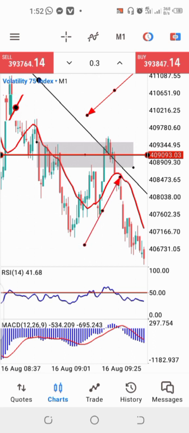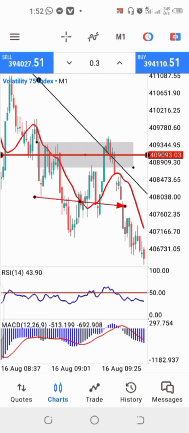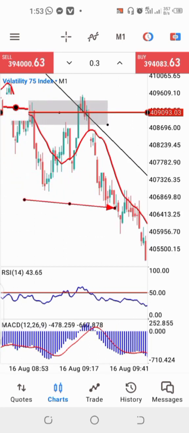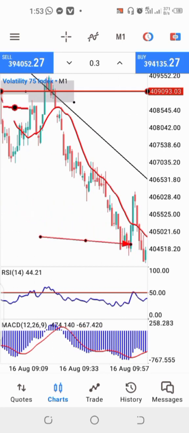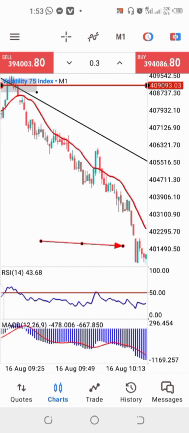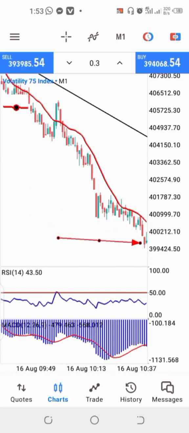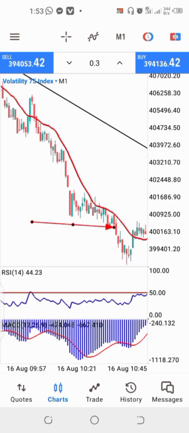Then whenever the price touches the red envelope line and is beginning to pull down, or is beginning to weaken, you enter for a sell. As you can see, price sold all the way down because it has been confirmed already that the sellers have taken dominance.